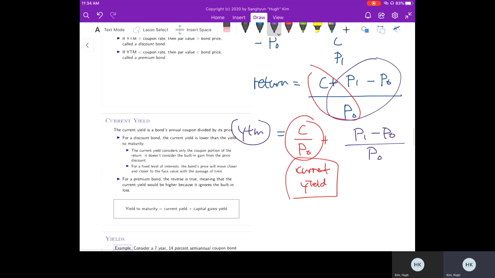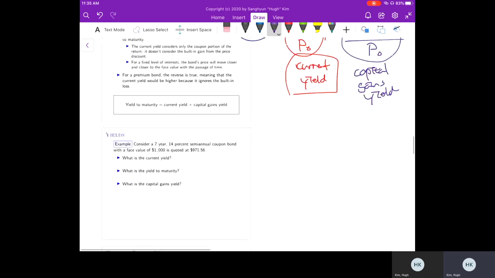So with discount bonds, you expect to earn positive gains from price changes. This is called capital gains yield. In contrast, for premium bond, the opposite is true, meaning that current yield will be higher because it ignores built-in loss.